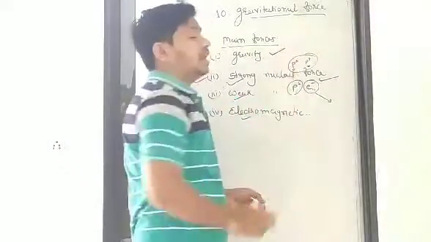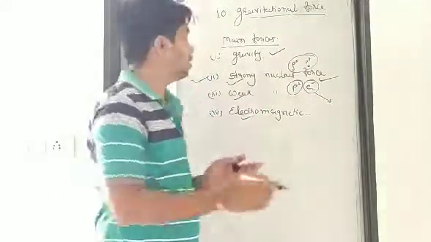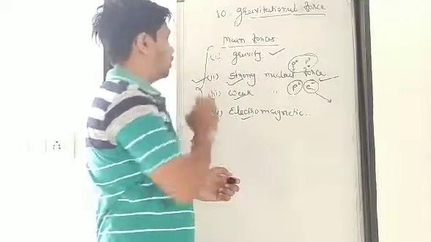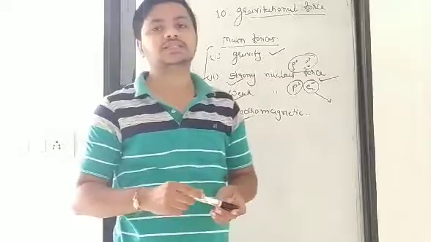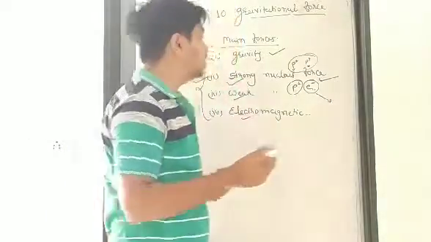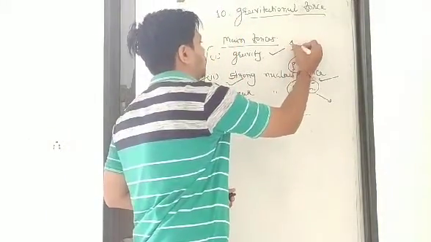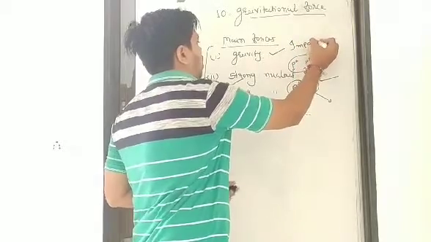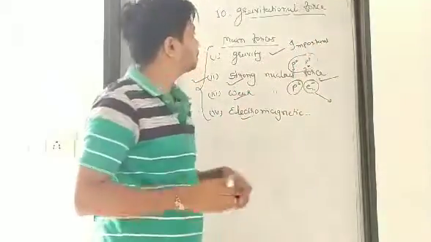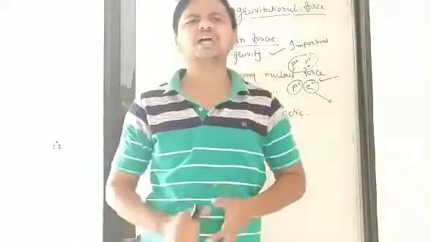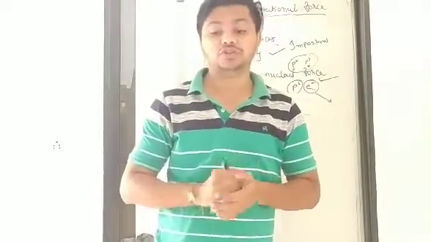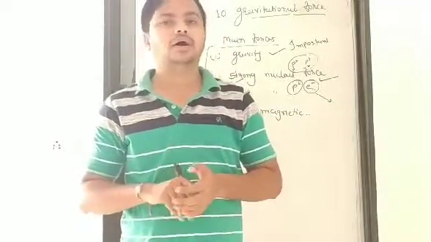Now the gravity. Gravity is the weakest of these four forces. But after that, it is the most important. As you know, due to the gravitational force we can live on the earth.